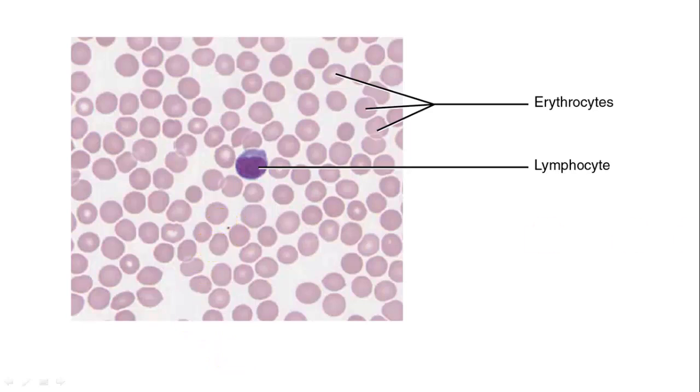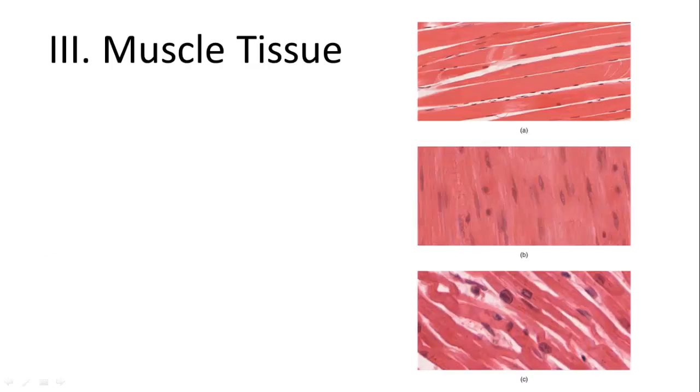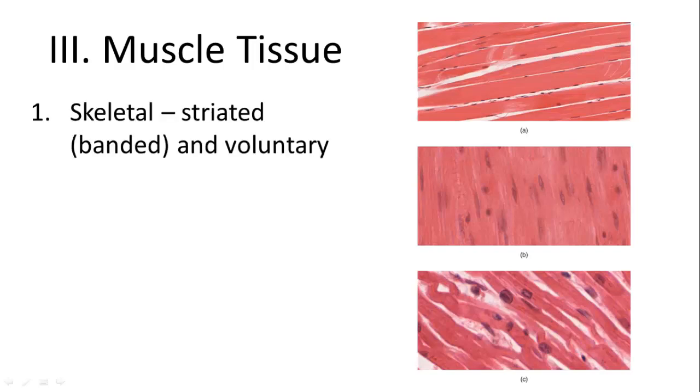All right, our next group of tissues then is muscle tissue. All right, and we have our 3 types: skeletal, cardiac, and smooth. The skeletal tissue, you can identify these fairly easily under the microscope. The skeletal tissue is striated, meaning you can see it here, these striations or little lines running through it.